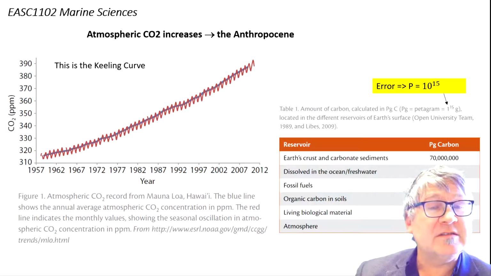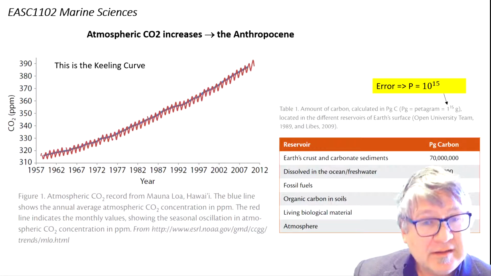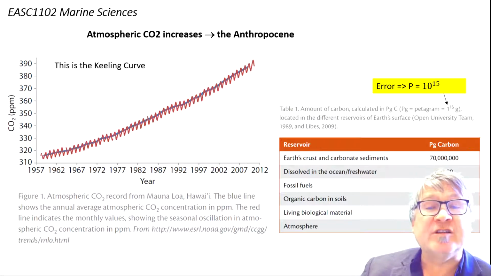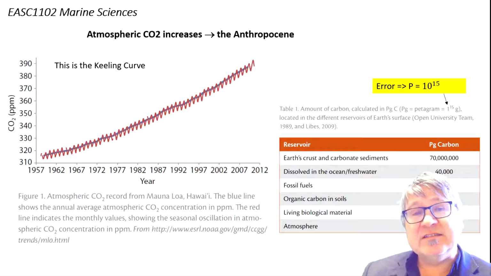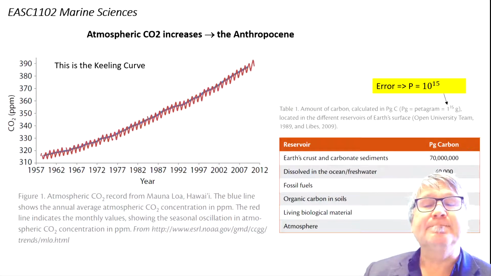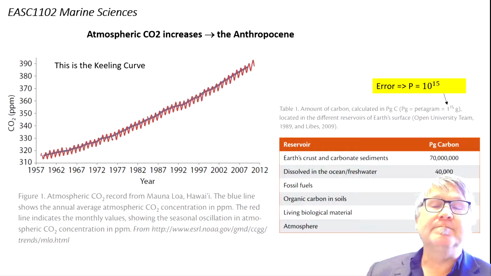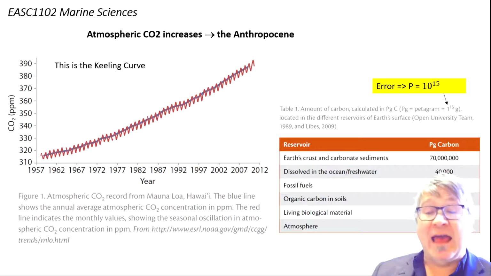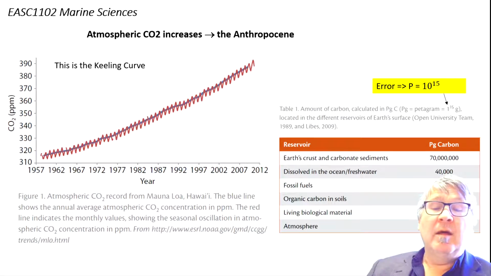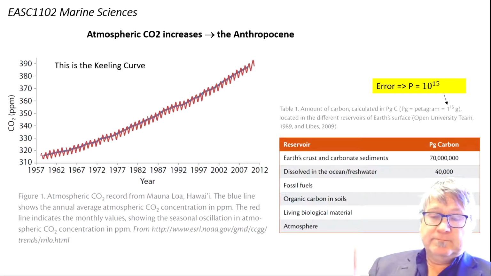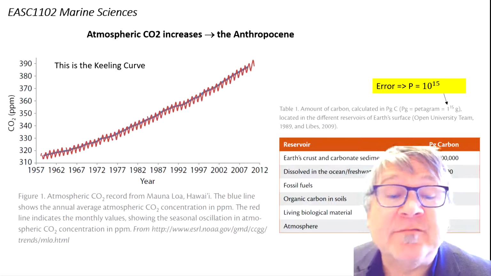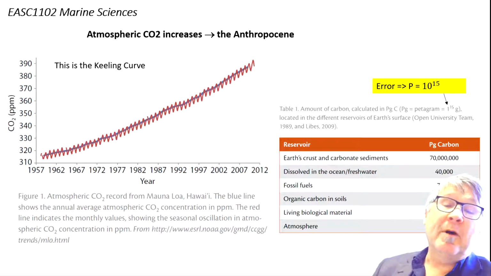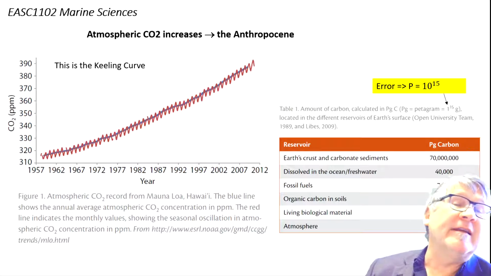This is the longest available time series of direct measurements of CO2 concentrations in parts per million in the atmosphere. This is from one of the Hawaiian islands, from Mauna Loa, from 1957 to about 2012, and you can find updated versions on the internet.